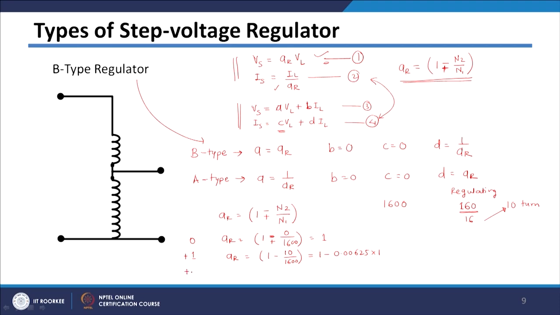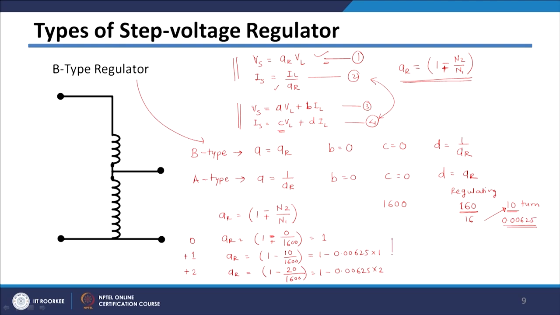When it is on tap 2, AR in that case will be equal to 1 minus, now since there are 2 tap positions, it will add 20 turns of regulating winding. So N2 will be 20 divided by 1600, which is equal to 1 minus 0.00625 into 2 taps. So per 10 turns the per unit voltage variation is 0.00625 when we are considering 16 tap positions.